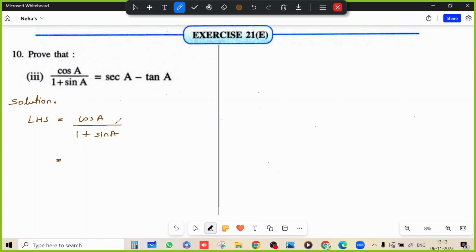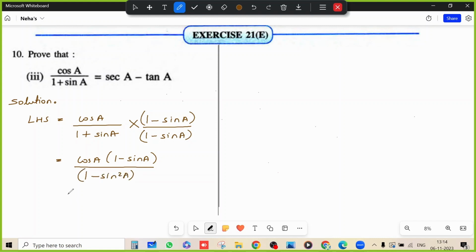Now here in the left hand side we are going to multiply both the numerator and denominator with 1 minus sin A. Now the numerator will become cos A into 1 minus sin A, and the denominator is of the form 1 plus sin A into 1 minus sin A, which is equal to A plus B into A minus B. So we will apply the formula, and it will become 1 minus sin square A in the denominator.